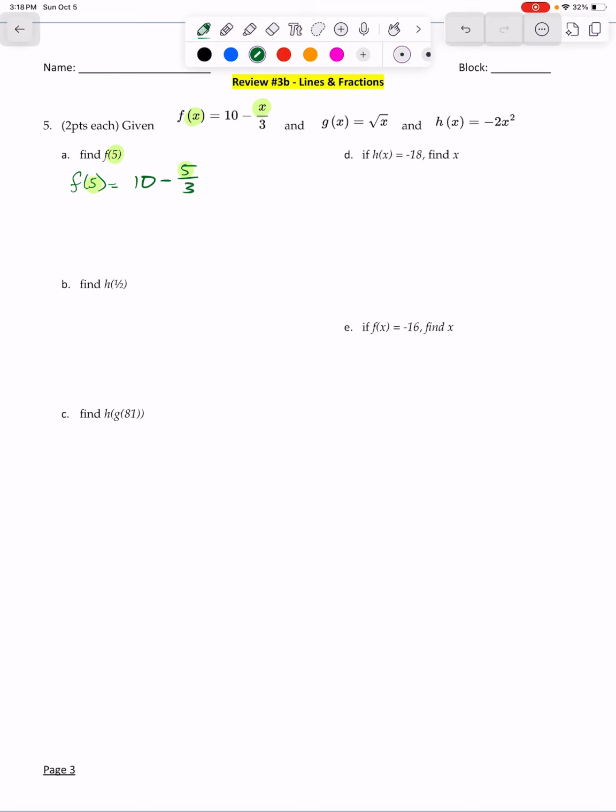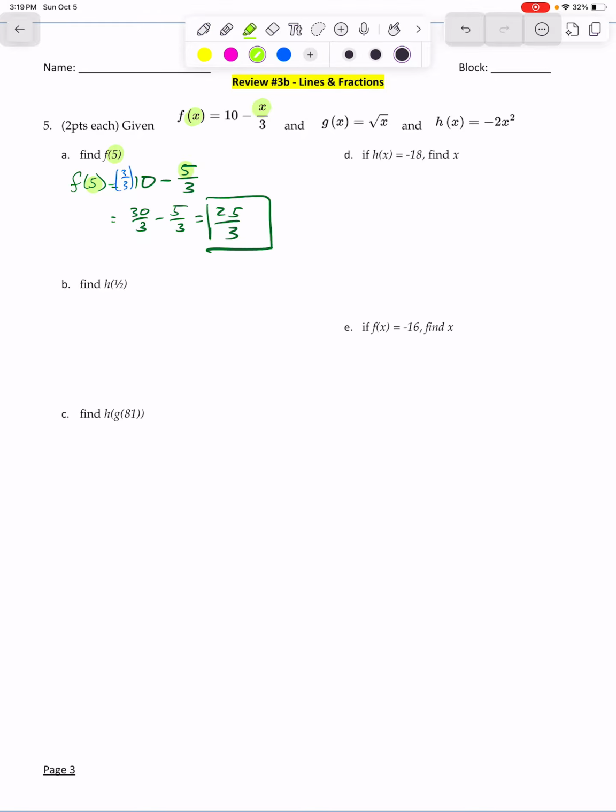And so I'm going to take my 10 and multiply it by 3 over 3, so that I get 30 over 3 minus 5 over 3, which is 25 over 3. And that's my answer.